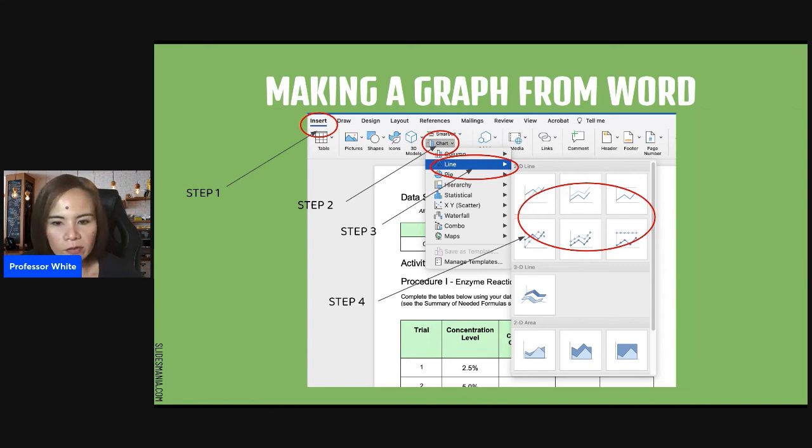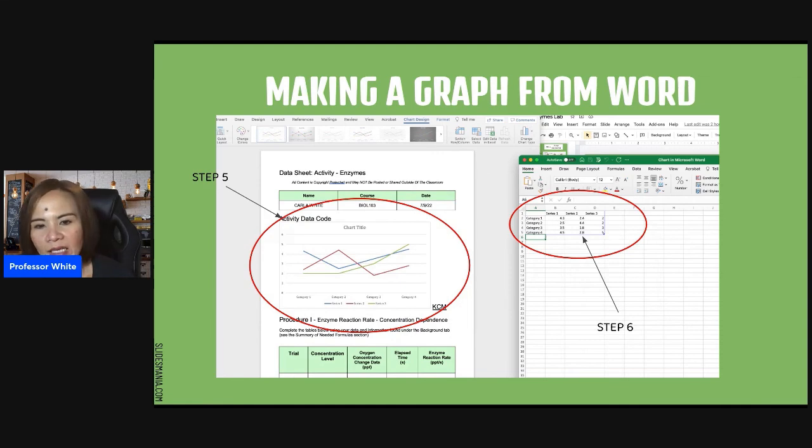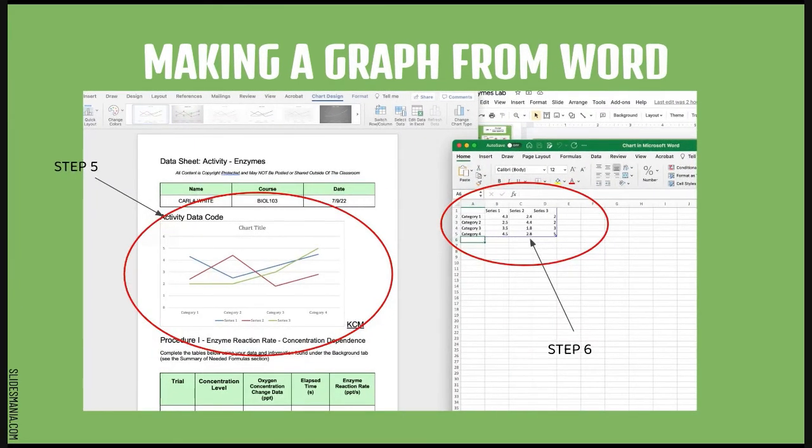Right after that, it's going to automatically add the chart, as you can see here on the left hand side. After you select the line graph, it's going to show you this particular graph inserted right away into your Word document.